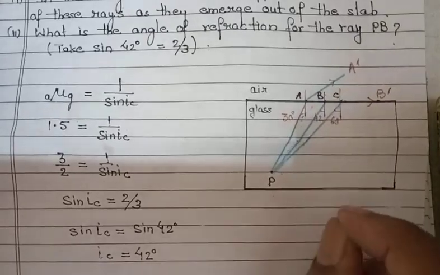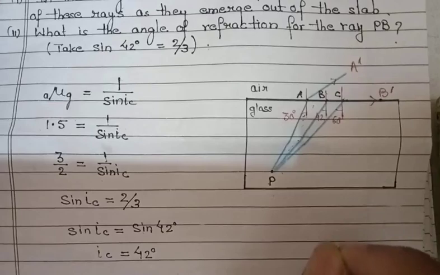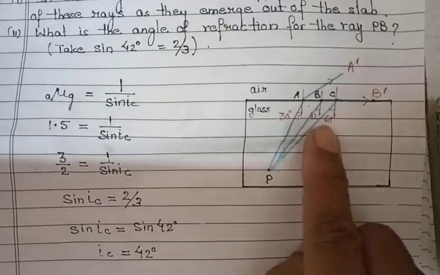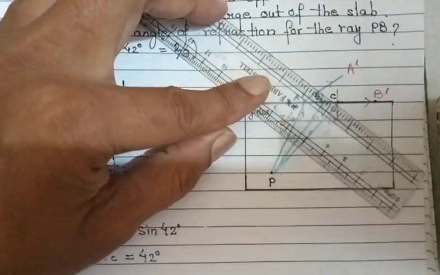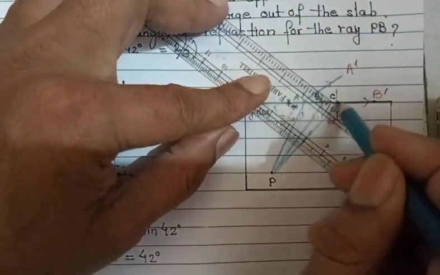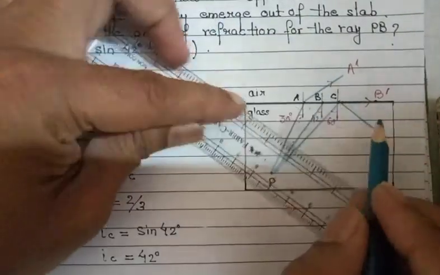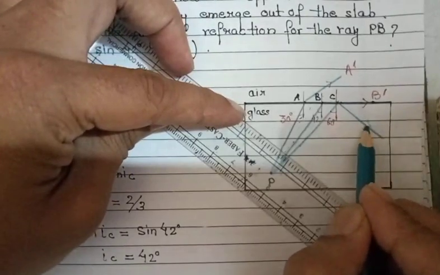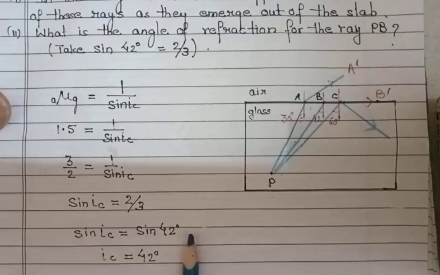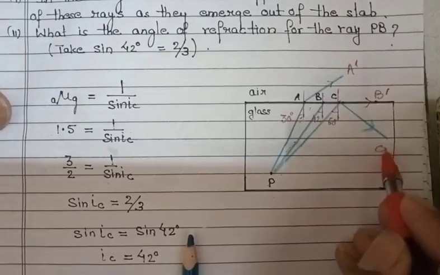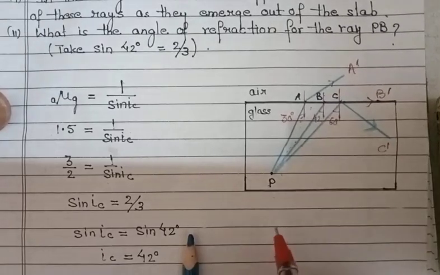So both the conditions of total internal reflection are satisfied by the ray PC. So you can say that ray PC will suffer total internal reflection. So we have completed the path of all the three rays PA, PB and PC.